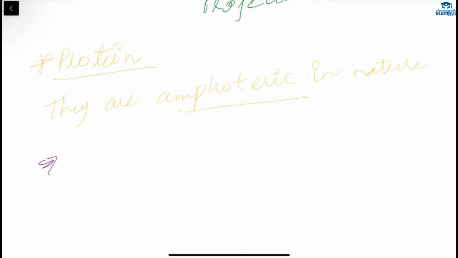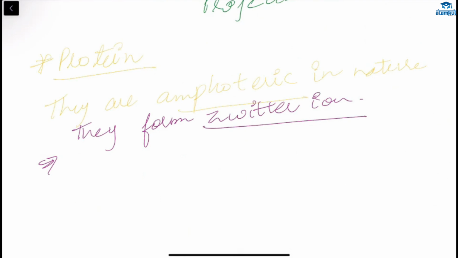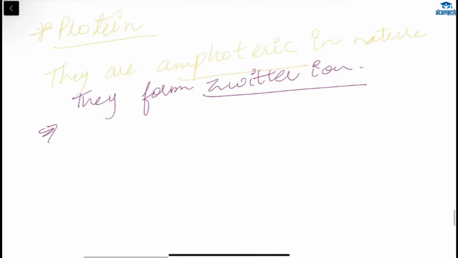Yes, they have the capacity to act as acid as well as base because they have both in them. So they form zwitterion, and they will act as acid when needed and as base when needed.